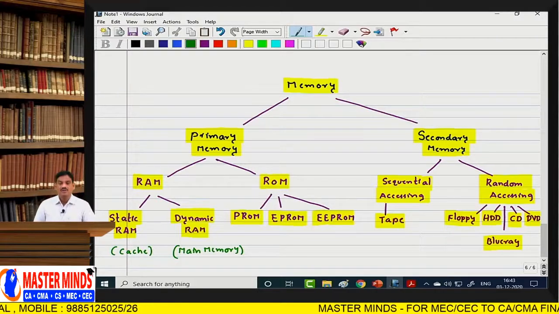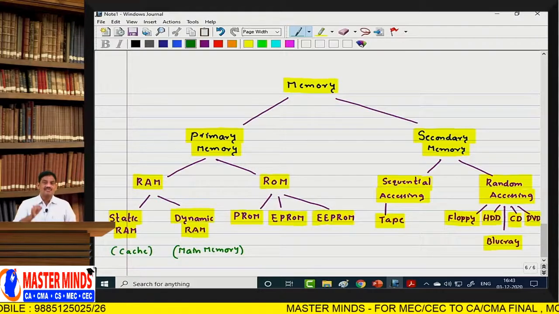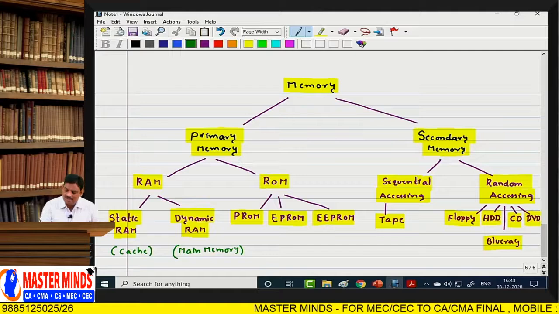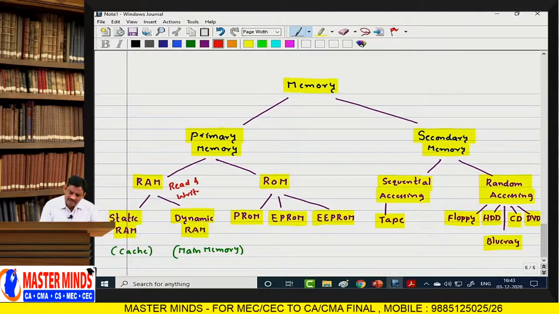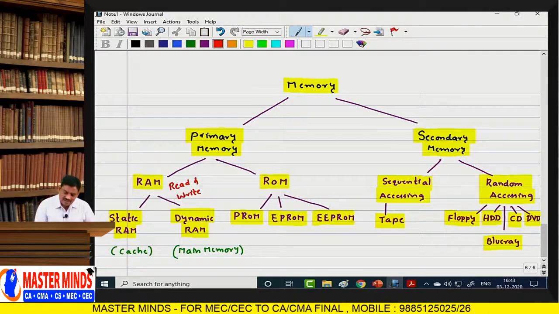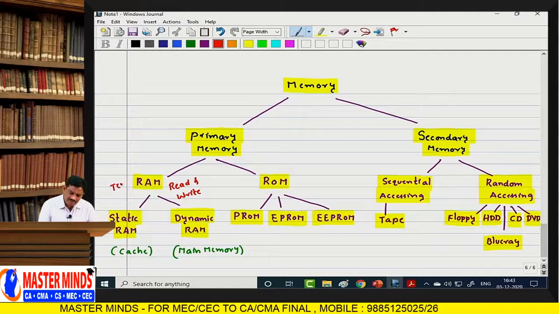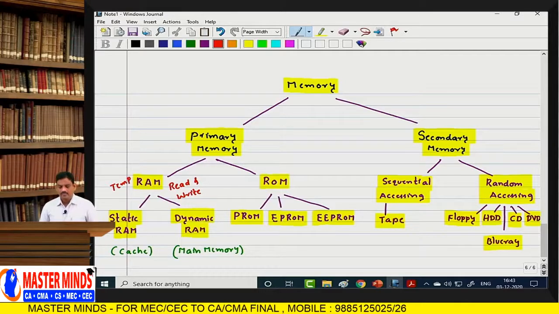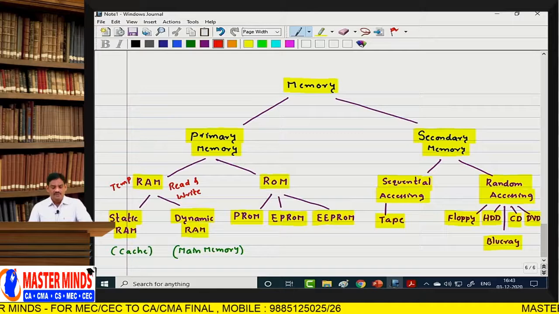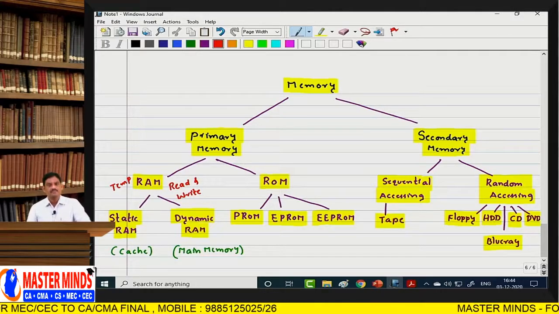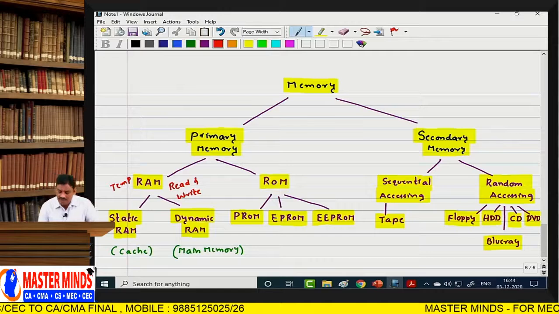Another type of primary memory is read-only memory. See this, it can perform both read and write, and it is also temporary memory. We have different types of main memories: dynamic RAMs, synchronous dynamic RAM, Rambus dynamic RAM.